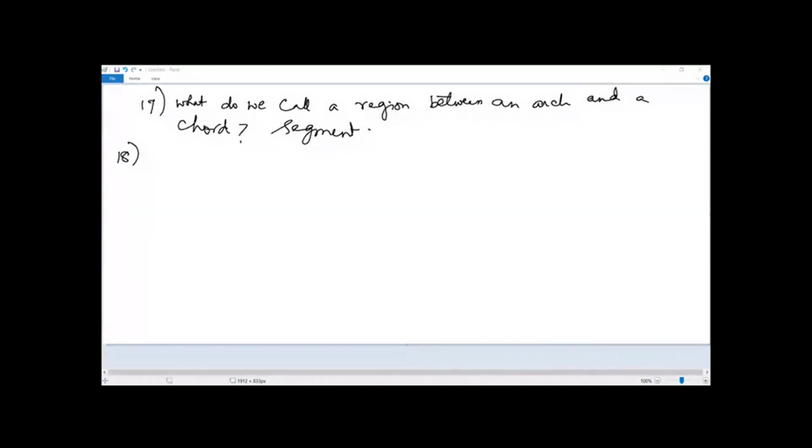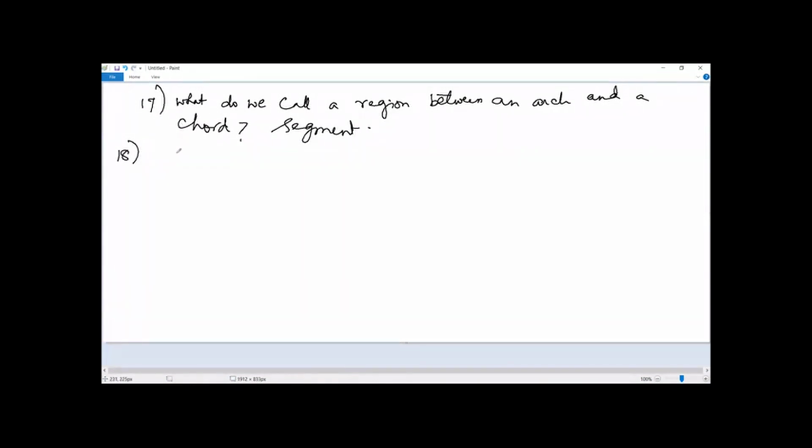18th question. Now, who has to answer? Anjali, you have to answer. 125 to the power minus 1 by 3, value is dash.